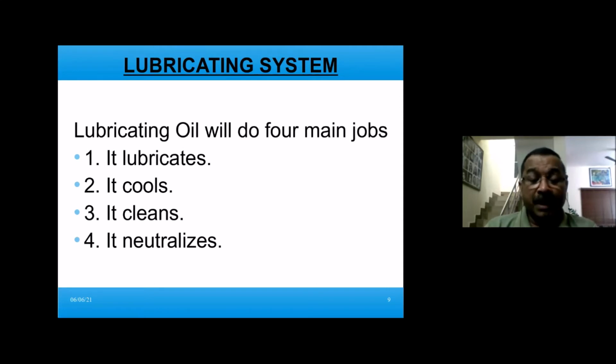The lubricating oil helps in cleaning the inner sides of the cylinder with the help of a scraper ring, which we put around the piston.